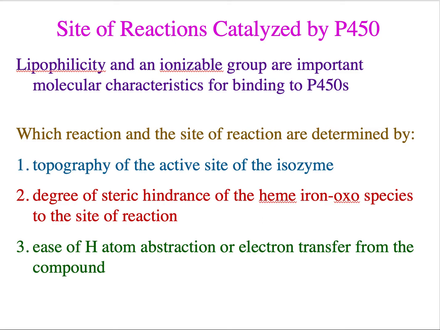So lipophilicity and ionizable groups are important for how things are going to bind to cytochrome P450s. And binding is going to be determined by a number of things, like electron transfer from the compound. Ease of H atom extraction is important, for example alpha to a carbonyl, right?